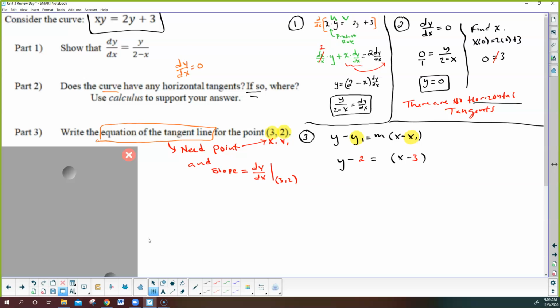Okay, so let's take a look here. It says, write the equation of the tangent line. As soon as you see those directions, you should ask yourself, okay, what do I need? I need a point, which they give to me.